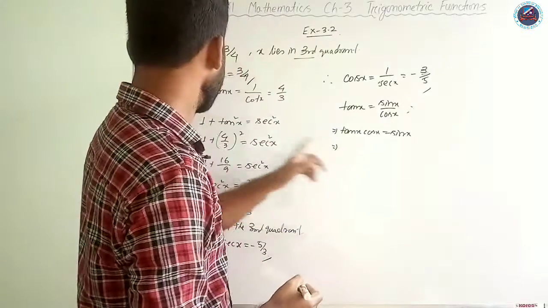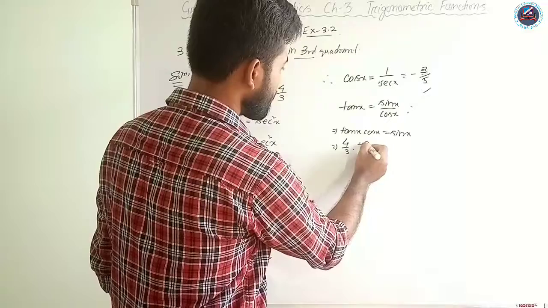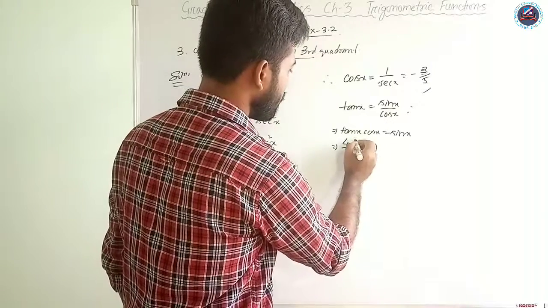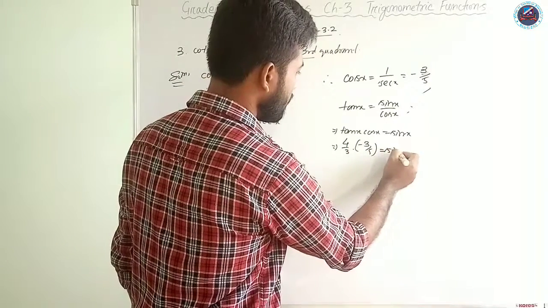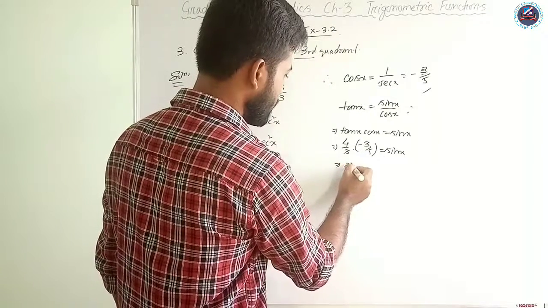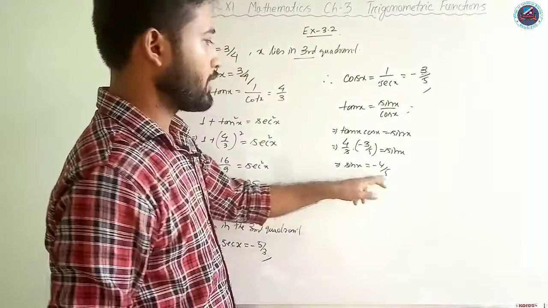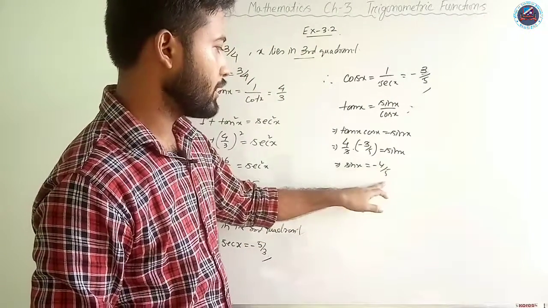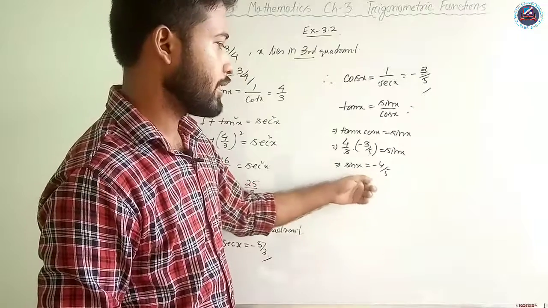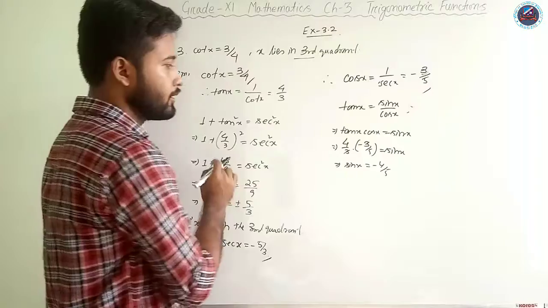Now what is tan x? It is 4/3, and cos x is minus 3/5, equal to sine x. Now I can cancel out the 3, so I shall be left with sine of x is equal to minus 4/5. So here we can see that sine of x is minus 4/5 and it is negative. So since x lies in the third quadrant, we know that sine is negative, so it's fine.